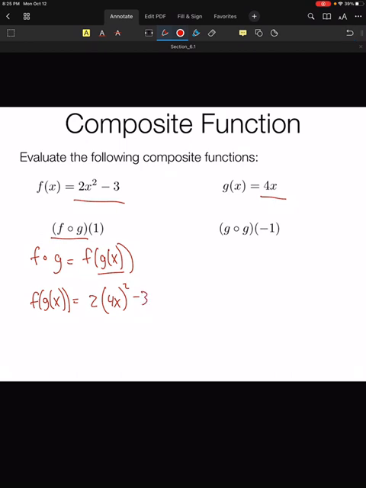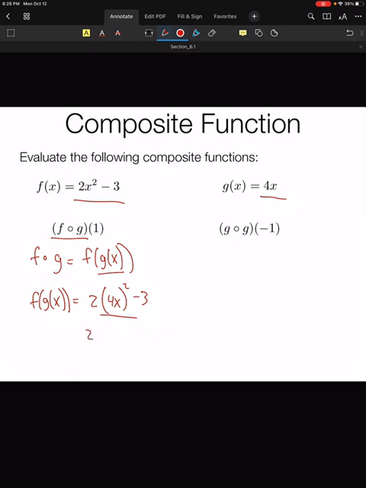Then I need to use my rules of exponents to evaluate (4x) squared. When you have things multiplied together and you raise them to an exponent, the squared or whatever exponent goes to both of them.